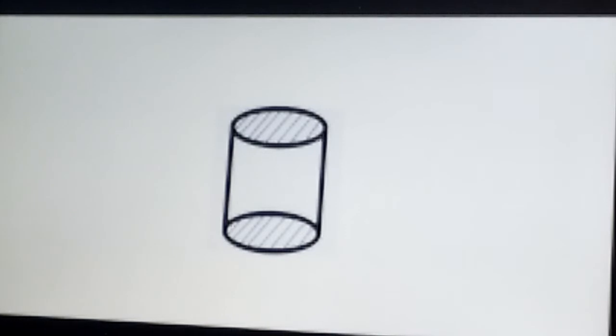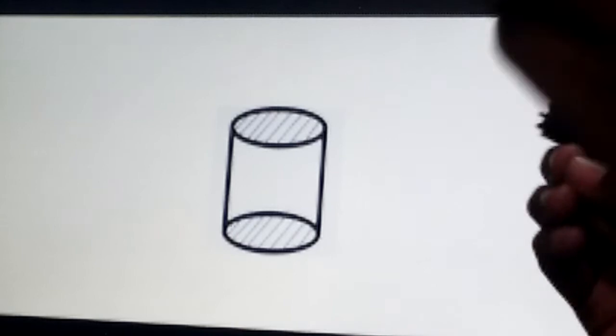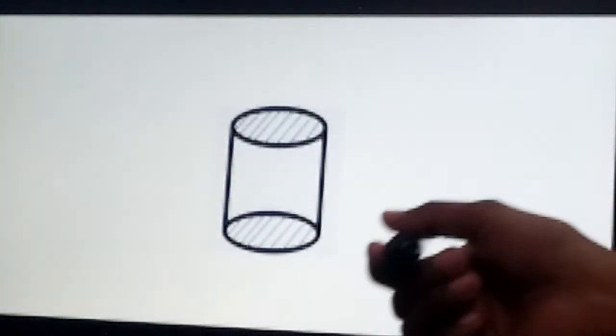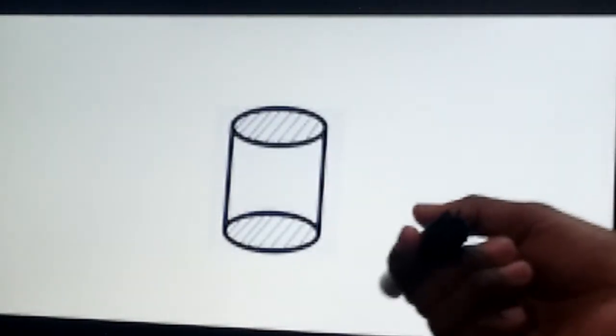Okay. Now the question is, why find the area of a cylinder, right? Suppose you have a box in the shape of a cylinder, a plastic box. How will you know how much material has been used to make this particular box?